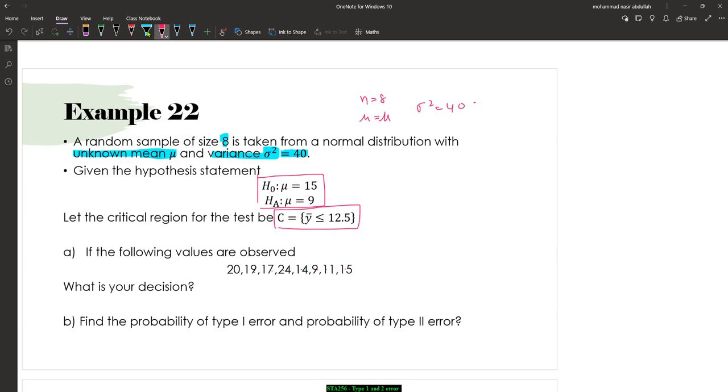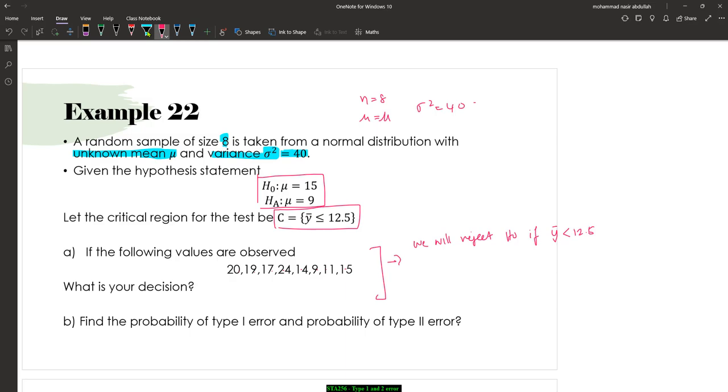What is your decision? Alright, so now this is a very simple question. So we will reject the null hypothesis if y bar is less than 12.5. So this is the critical region, right?